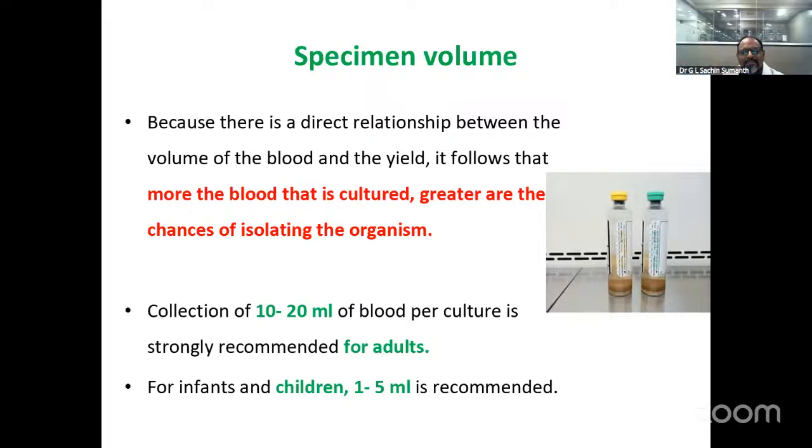How much volume now? There is a direct relationship between the volume of blood and the yield. The more blood that is cultured, the greater the chances of isolating the organism. Usually for adults, we advise 10 to 20 ml of blood per culture bottle, and in infants, the recommendation is 1 to 5 ml of blood.